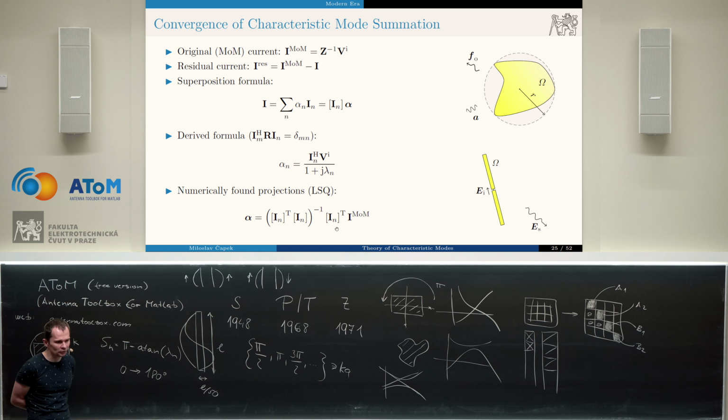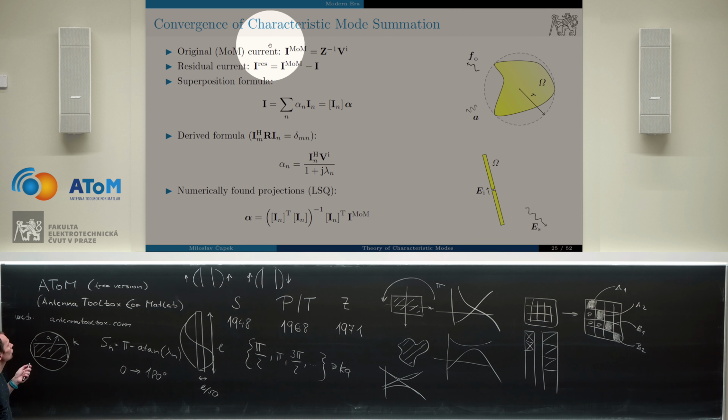Well, with superposition of characteristic modes, it would be very wise to check how the summation converges. And this is shown here. So let's check whether our solution converges well. First of all, as a reference, calculate the original problem. I mean, let's incorporate some particular feeding and calculate a current which is produced by the method of moments solution.